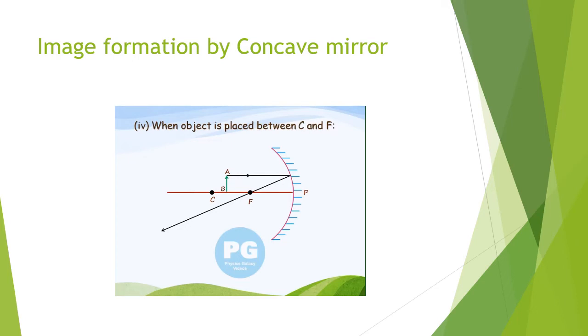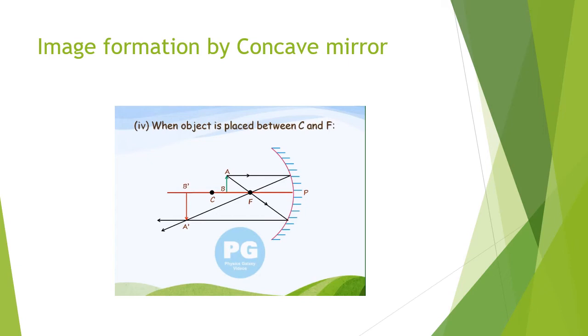Another ray of light we are taking is incident on the mirror after passing through focus, as in the previous case. So this will be reflected parallel to the principal axis. The meeting point of 2 reflected rays will give us the image of point A. We term it as A dash, and we draw a perpendicular A dash B dash to the principal axis of the mirror. So this is our image.